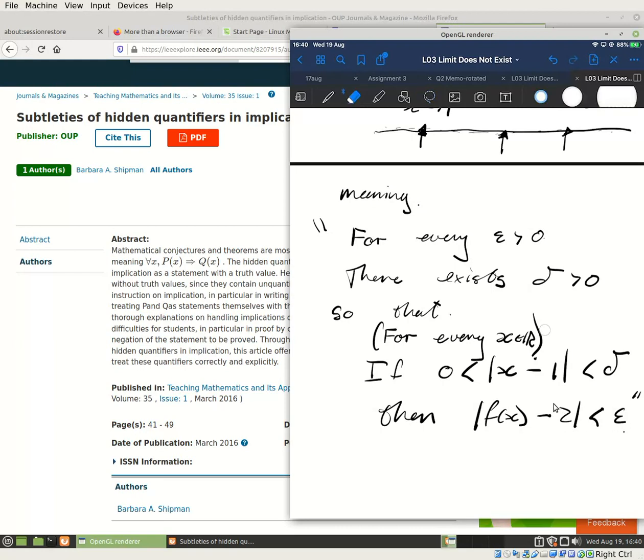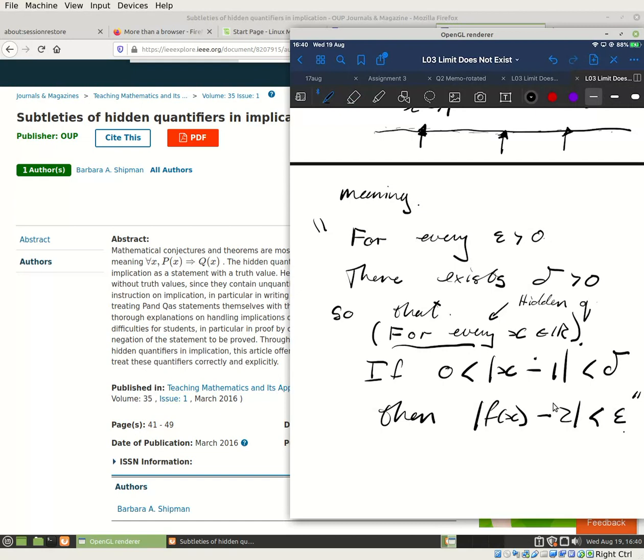So I made the cardinal sin again of not changing my windows, so let me write that down again. So here in brackets I'm going to write down for every x in the real numbers. So here is what is called a hidden quantifier.